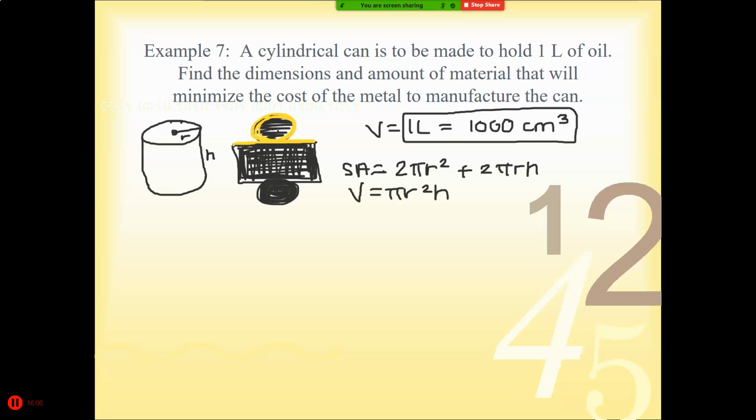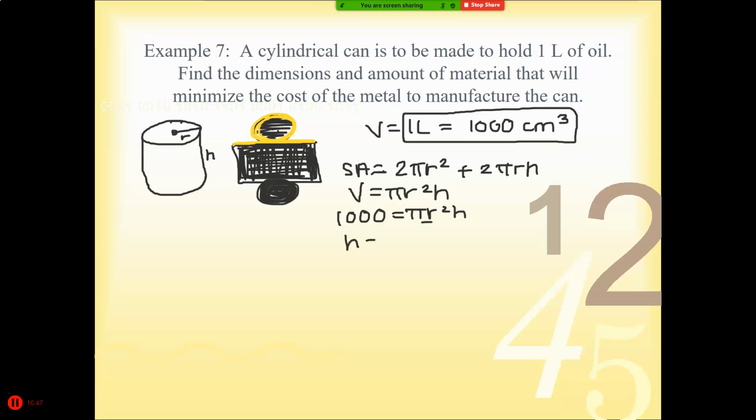In this case, we're told that it needs to hold a volume of 1,000 cubic centimeters. And we know that we need our equations to be in terms of one variable. So we're going to look at the volume equation and the surface area equation and determine which variable we want to get rid of. Since volume has a radius squared, I'm going to solve for h because I don't want to carry through a square root in my problem.